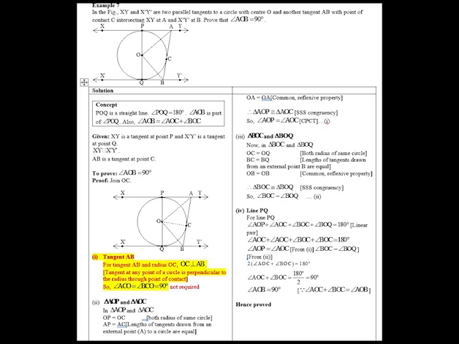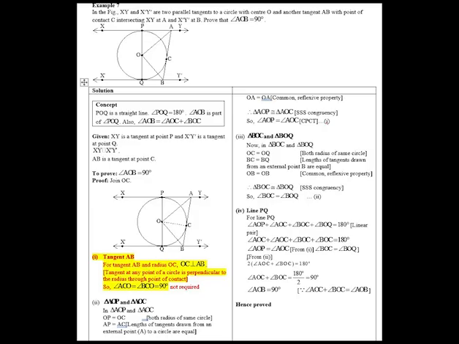For the line PQ, we have angle POQ is equal to 180 degrees. Angle POQ is equal to angle AOP plus angle AOC plus angle BOC plus angle BOQ, which implies angle AOP plus angle AOC plus angle BOC plus angle BOQ is equal to 180 degrees.